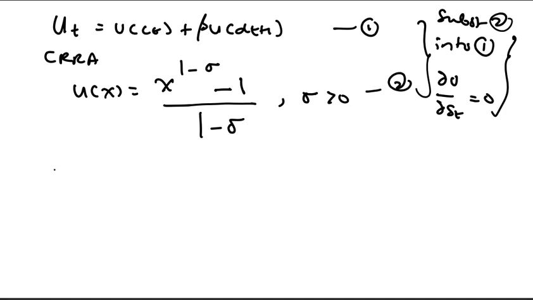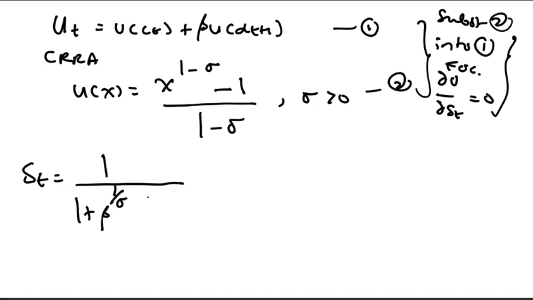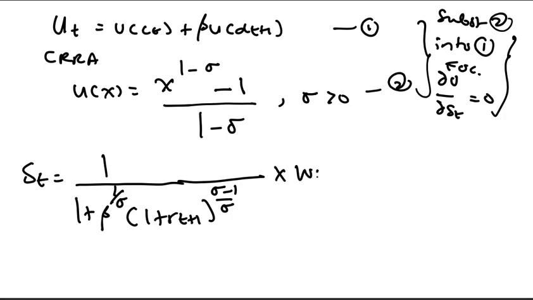Then the optimal level of saving after you do this FOC, and this is basically optimization, you should get something like this. S_t equivalent to 1 over 1 plus beta to the power of the reciprocal of sigma, the elasticity of intertemporal substitution, times 1 plus r_{t+1} to the power of sigma minus 1 over sigma, and then the whole thing multiplied by w_t, the wage rate.